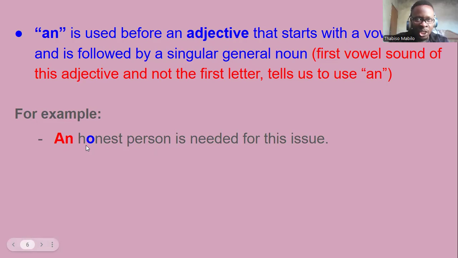When you spell it, it starts with an H. But when you pronounce it, it starts with the O sound, which is a vowel sound. So that's why we use "an", even if the word starts with an H when you write it. What matters is the first sound when you say it. It starts with an O. So that's why we use "an".